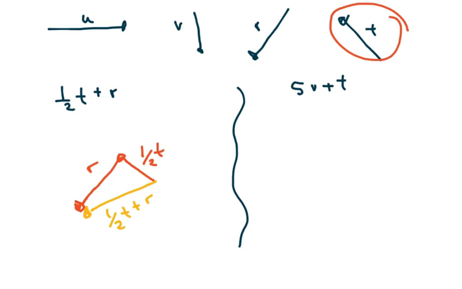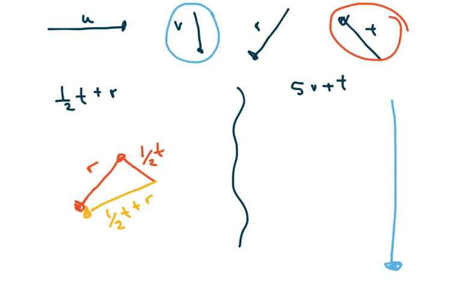Okay, 5V. So that's going to be very long here. There's my V. I'm going to draw that first. So I'm trying to make it long. That supposedly is 5 times that. Just pretend it is. All right, 5. I just scalar multiplied it.